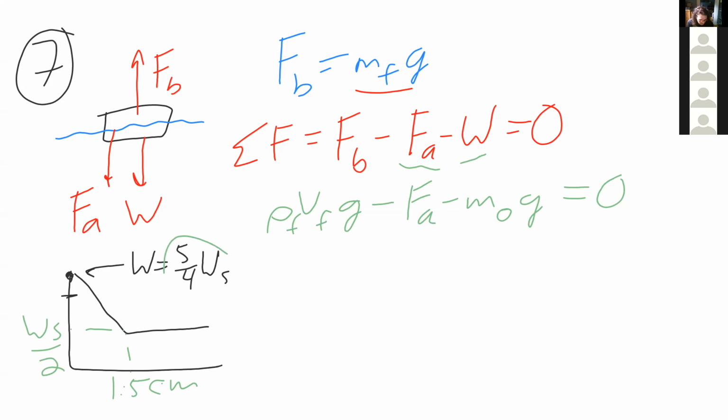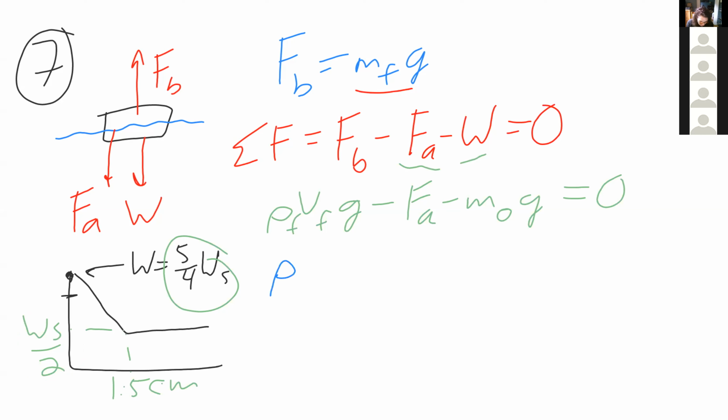As I mentioned, this is going to be our weight. So that's going to go right here. I didn't even need to do m object times gravity. I can just plug in that entire weight right there. And the apparent force is going to be this guy right here. And that's going to correspond to a certain volume that's submerged. Let's go ahead and do those few substitutions that I just traced out.